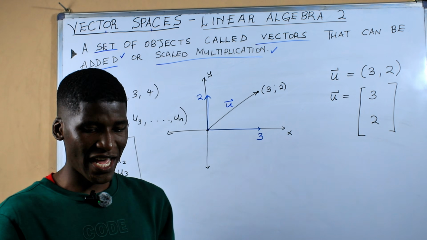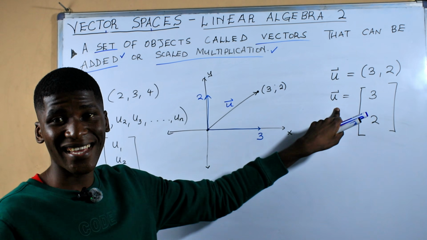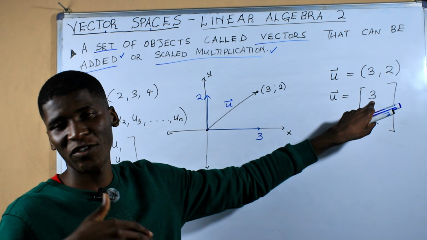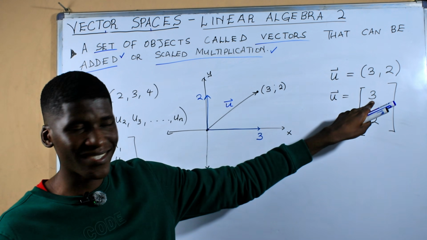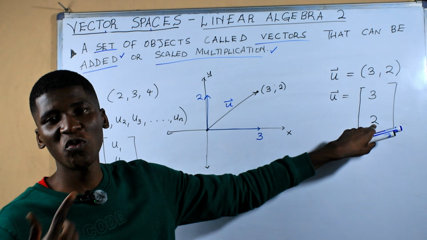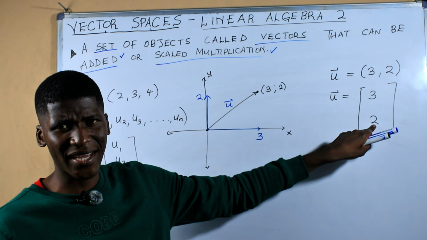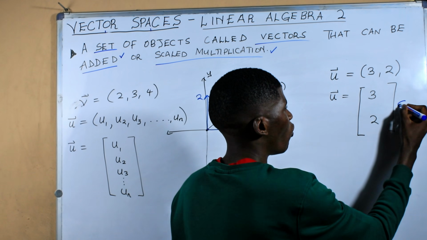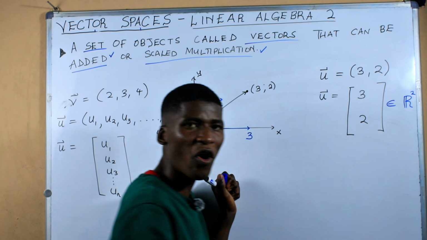So basically we say that such vectors exist because we have components that are real numbers. For this one, we've got a vector that is 2-dimensional. It has got a magnitude of 3 along the first dimension, usually the x-axis. It has got a magnitude of 2 along the second dimension, usually our y-axis. So we can just say that these components are an element of real numbers, and then these real numbers, we raise this to the power of 2.